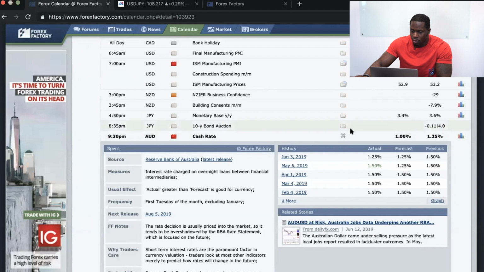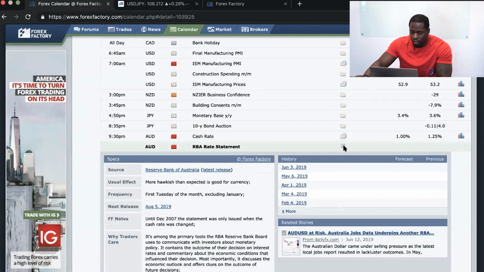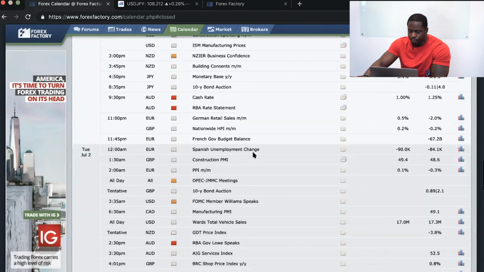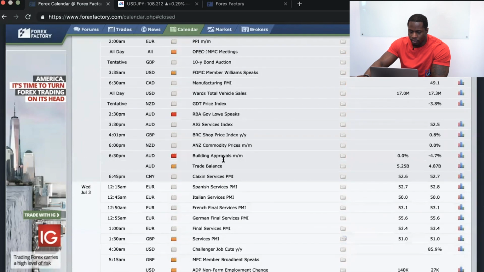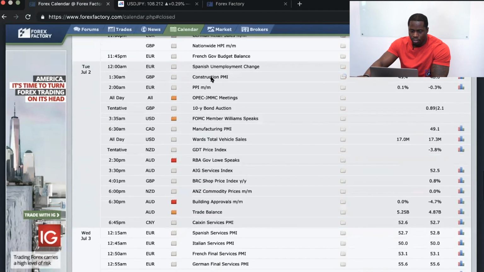Since we have the cash rate, we saw that it was pretty positive last month, and then we have the RBA rate statement. We'll take a look at that, but we want to focus on what comes down to being more realistic when it comes to trading. So we want to see where this is actually a crucial point. This is going to be during London.